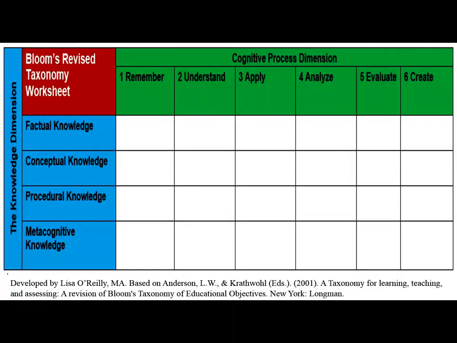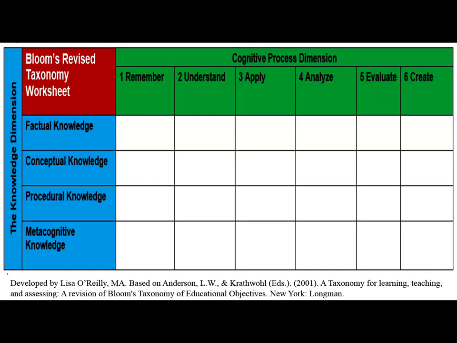So what was your objective, Brian? Calculate the value of a function. Calculate the value of a function. So where would you place that on this chart? Column 3. So you're going to say apply, and if we're calculating the value of a function, I'd say we could probably put that in both of those places.